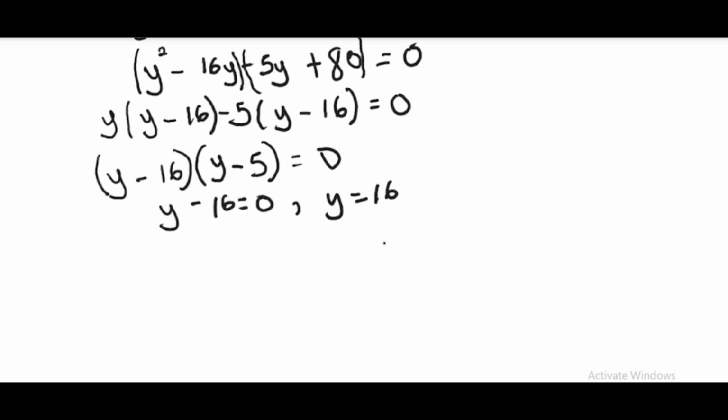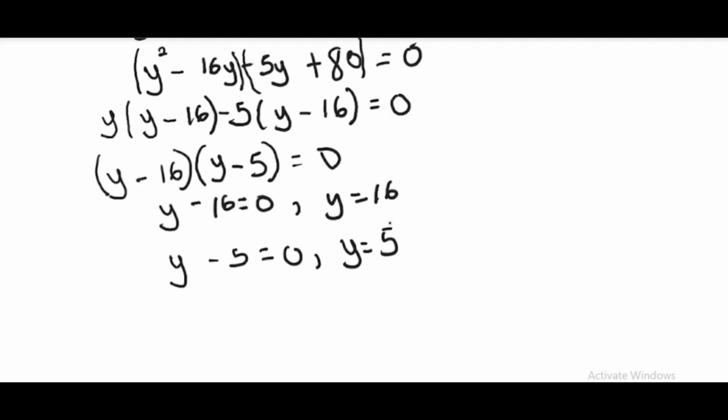Then coming to the second bracket, if y minus 5 is equal to 0, we will have it that y is equal to 5. Alright? Okay. So are we looking for y? Are we done? No, no, no, no, no, we're not done.